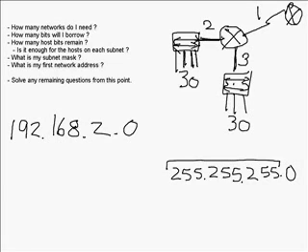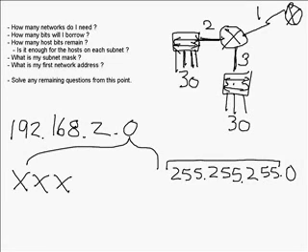The first 3 octets are fixed by the fact our subnet mask tells us they are fixed. So we're going to be able to use these 8 bits to borrow bits so that we can build our subnetworks.